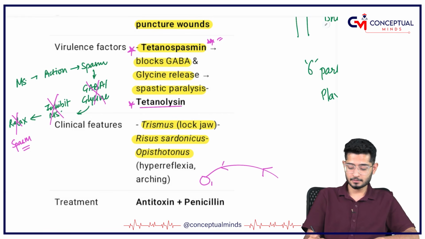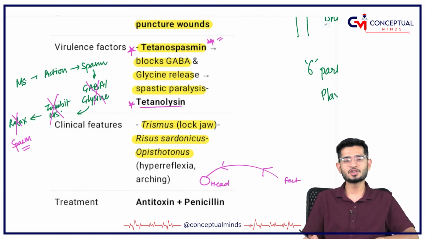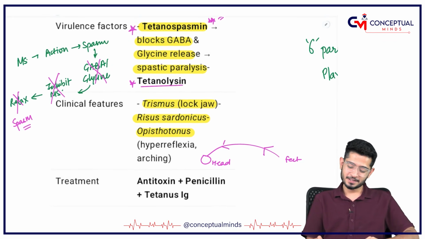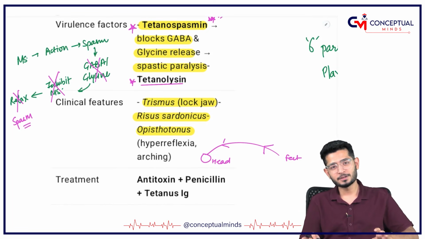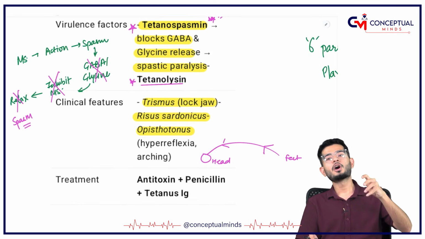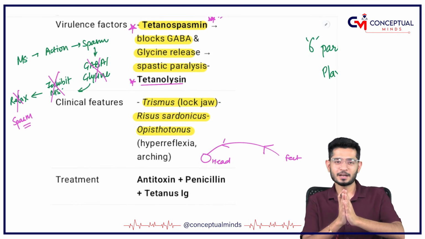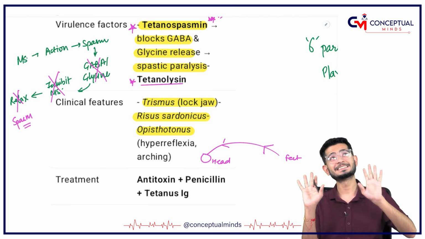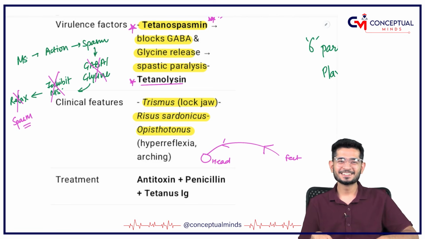Okay, this is the head, this is the feet. Hyperreflexia, arching, just a yoga posture like thing. That is why, my dear friends, it is very important whenever you think you are in contact with rusty iron or soil, please get yourself vaccinated for tetanus, otherwise you will be in a persistent smile, okay, right.